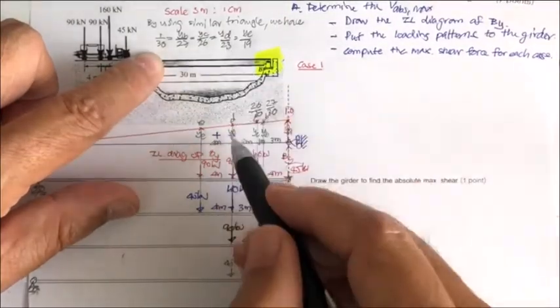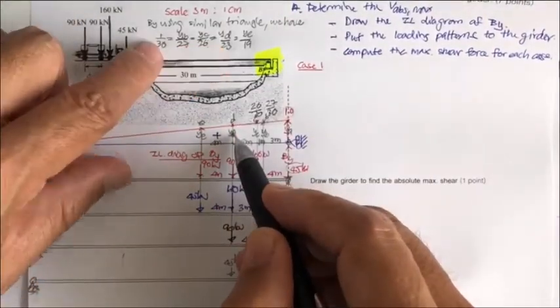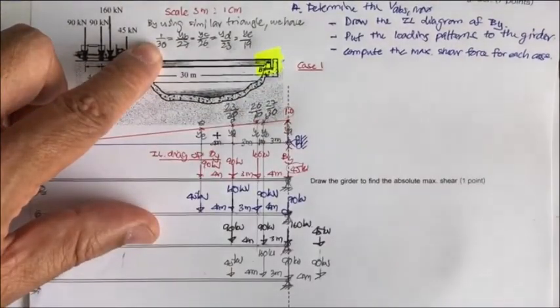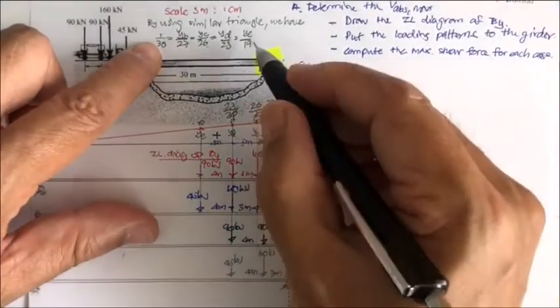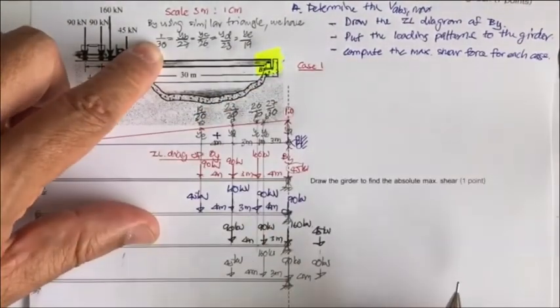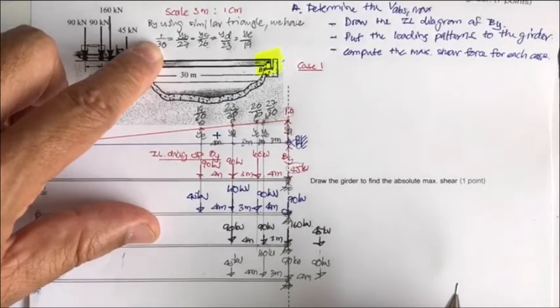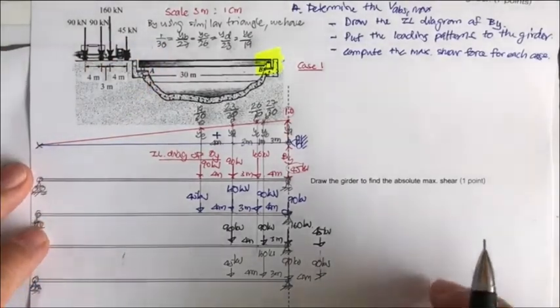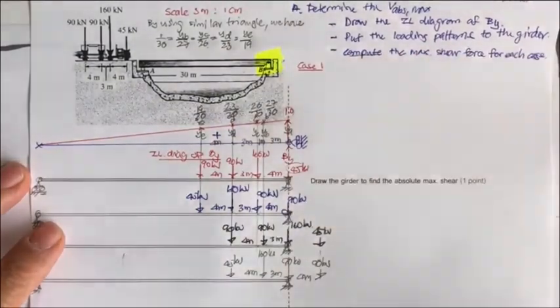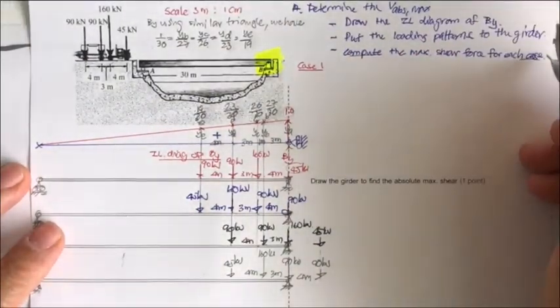The next one is going to be 23 divided by 30. And the last one is going to be 19 divided by 30. So we are ready to compute the maximum shear force for each case.